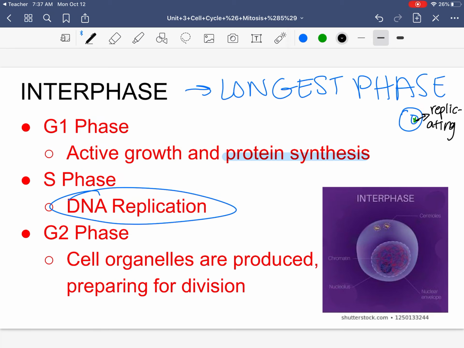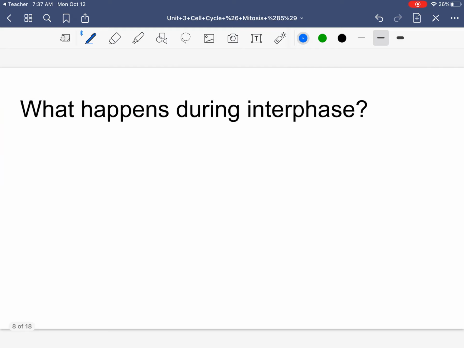And so basically it's doubling up. So say you have 10 pieces of DNA before you start the cell cycle. After interphase, you will have 20 because your DNA is replicating, okay? So before you enter mitosis, you're going to have extra DNA than normal.